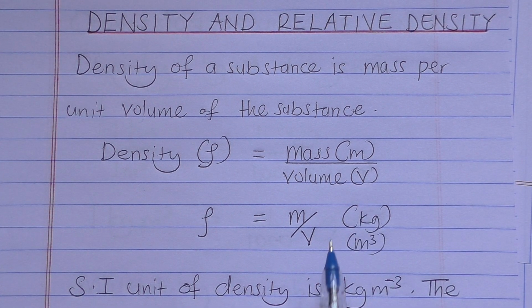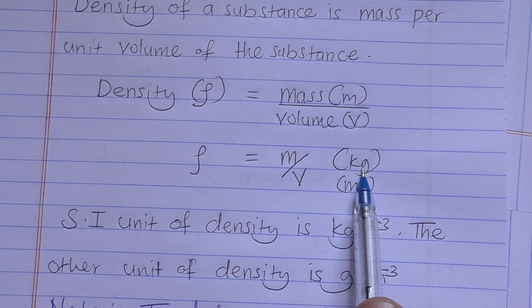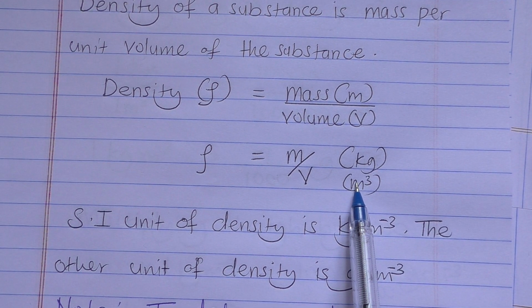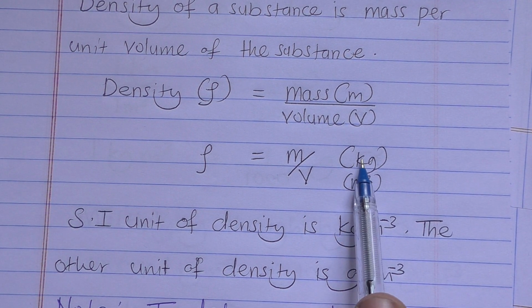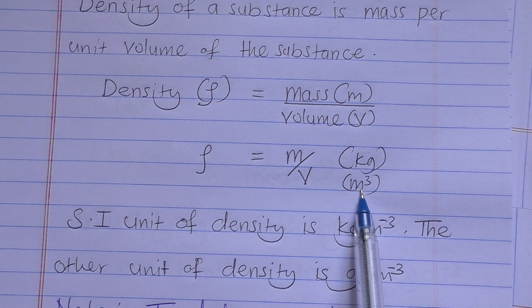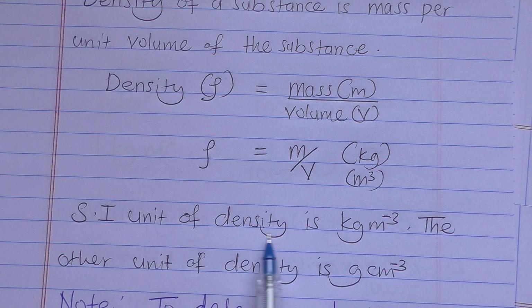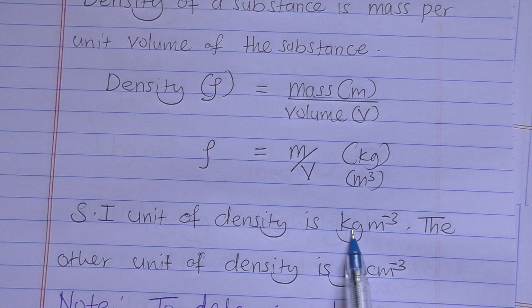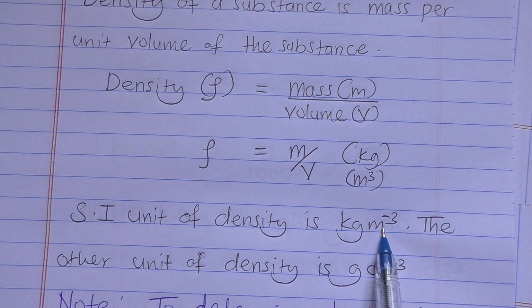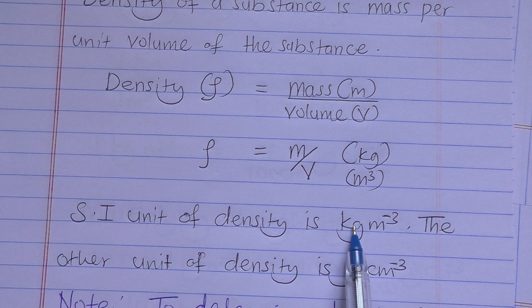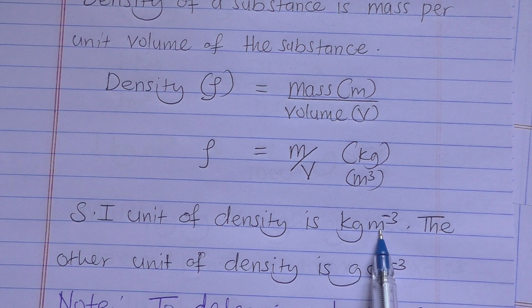Therefore, mass is measured in kilograms and volume is measured in cubic meters. So when you divide kilogram by cubic meter, that's when we get the SI unit of density as kilogram per cubic meter. This negative sign is showing the division of kilogram and meter cubed.